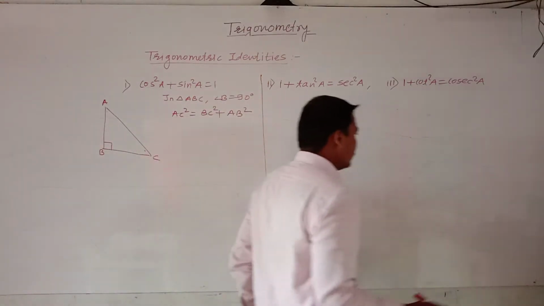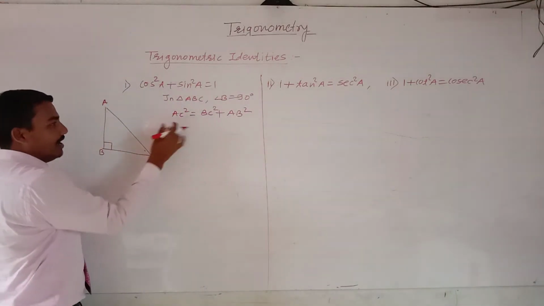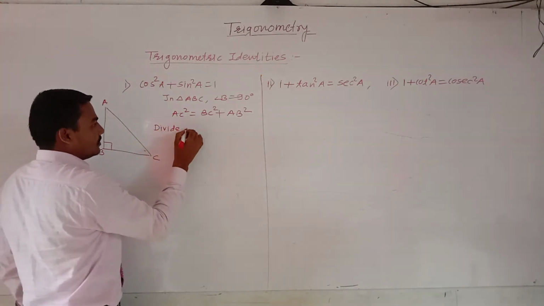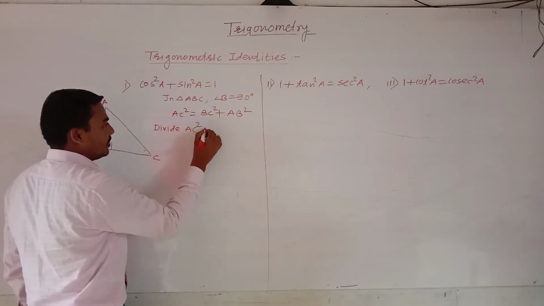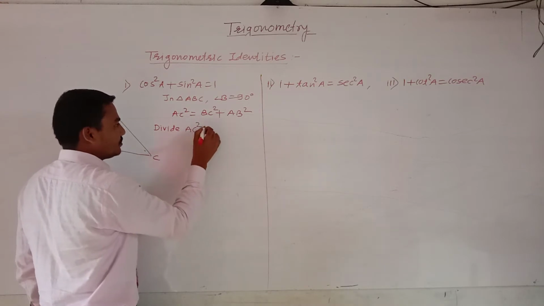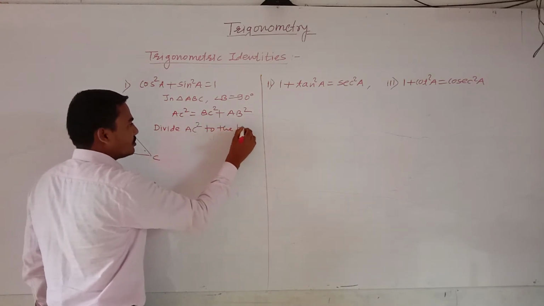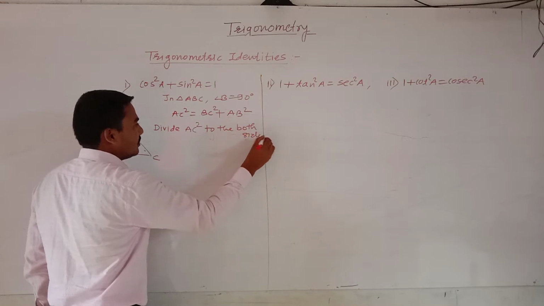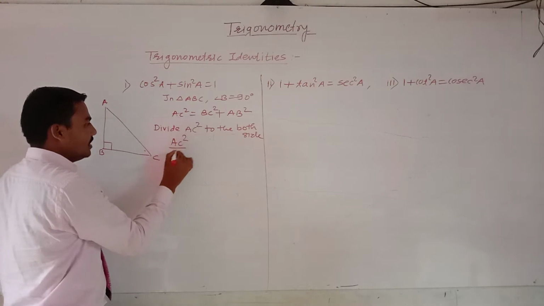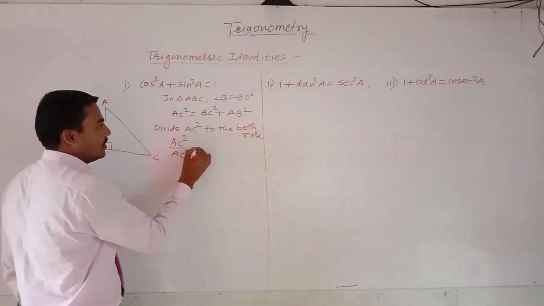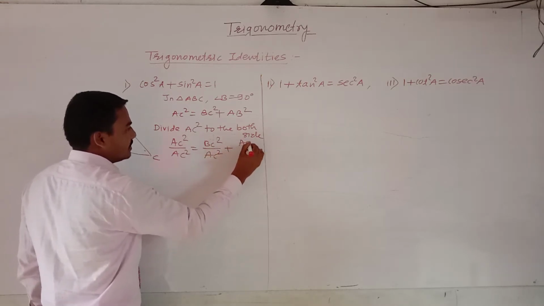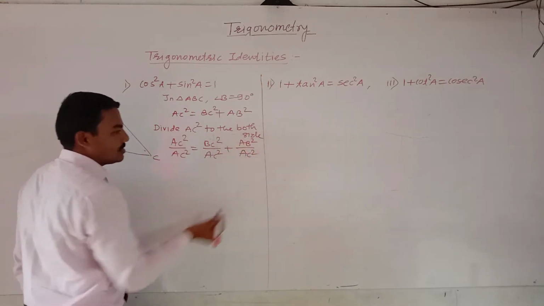Okay, so now we have to divide both sides by AC square. AC square on the left, and on the right BC square divided by AC square plus AB square upon AC square.